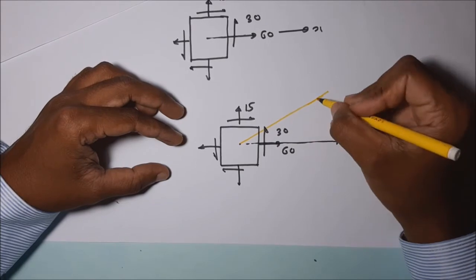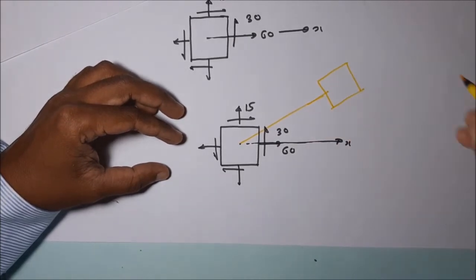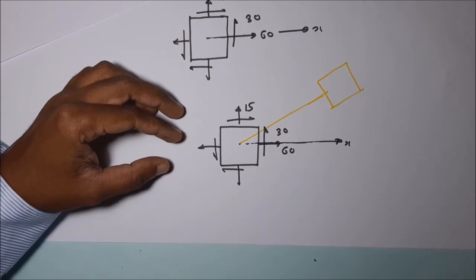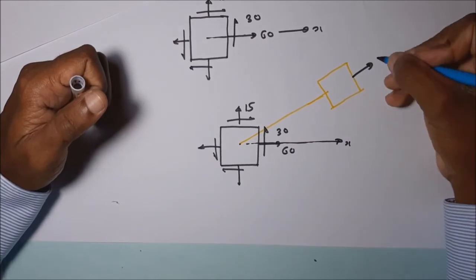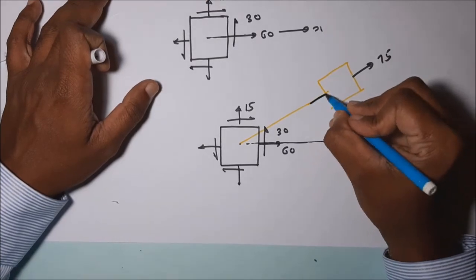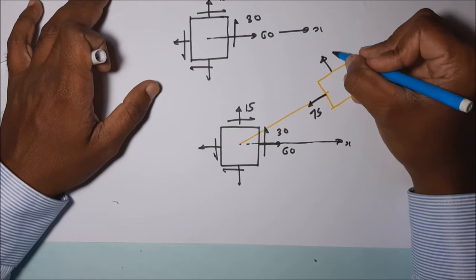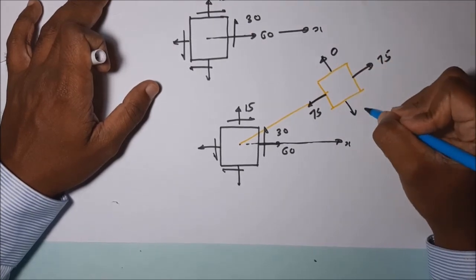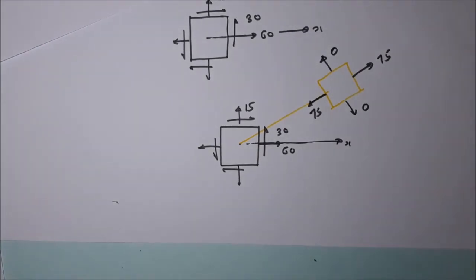Along this direction, stress is minimized. Along this direction, stress is maximized. This is the maximum stress direction, 75 megapascal. Here it is also 75 megapascal. Here it is 0. Here it is 0. This is how we find the maximum stresses, principal stresses and the planes on which they act.